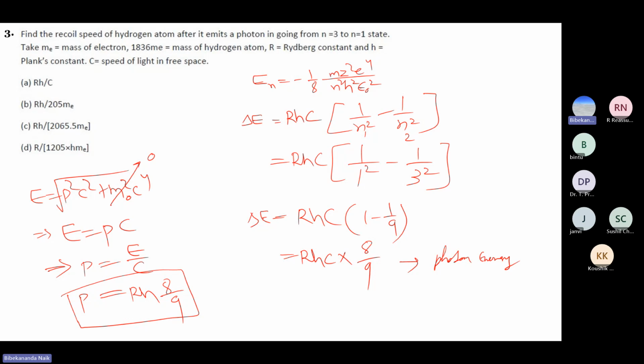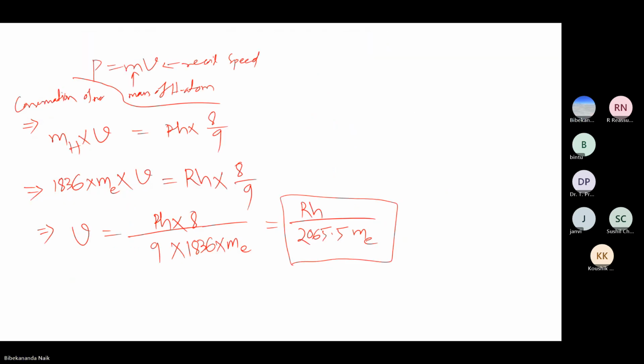For a photon, we know the rest mass is 0, so only the P square C square term remains, which gives E equals Pc. So momentum P will be E by C. C gets cancelled in the numerator and denominator. Then the momentum is RH into 8 by 9. So this momentum will be equal to the recoil momentum of the hydrogen atom.